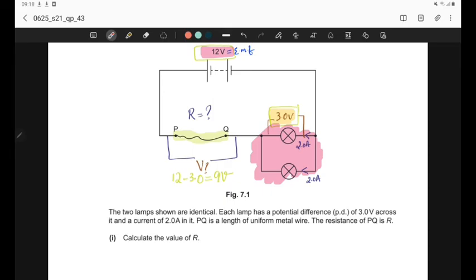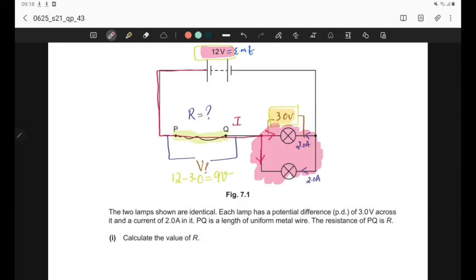Now we can check the current passing through it. This current will be the sum of the current passing through lamp 1 and lamp 2. As you can see, the current from the cell will pass through this wire in this direction from the positive side of the cell. Once it reaches this parallel combination, it will split.